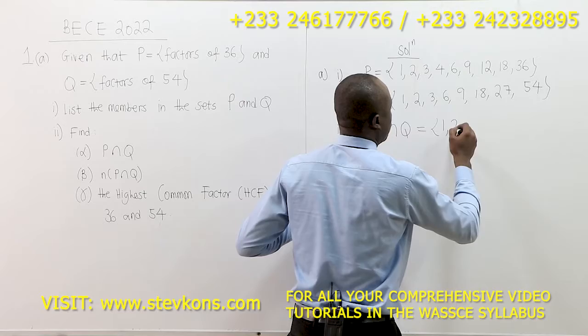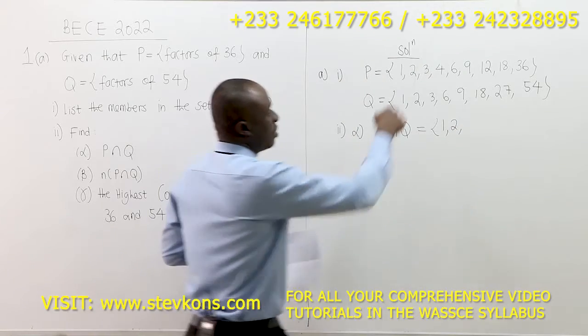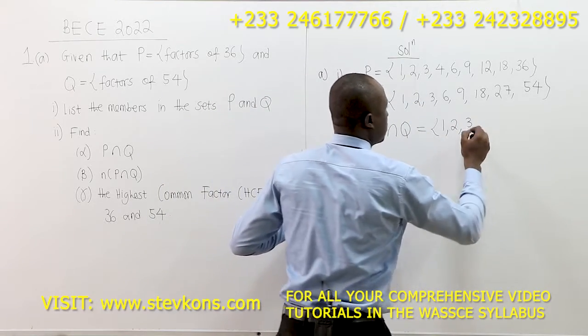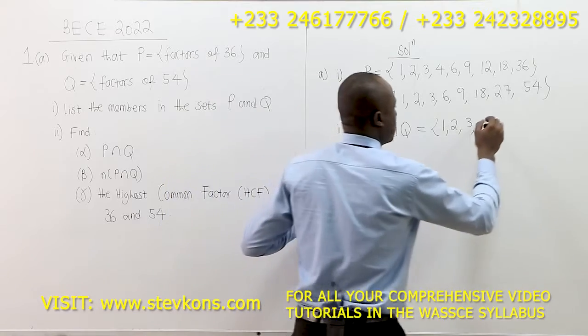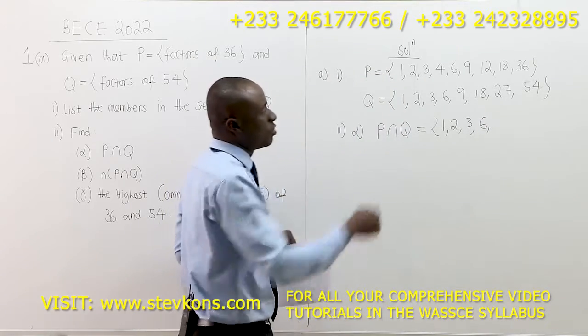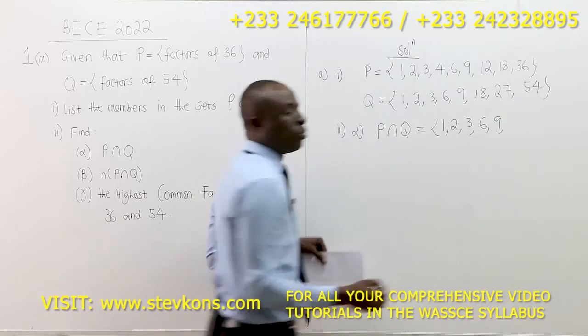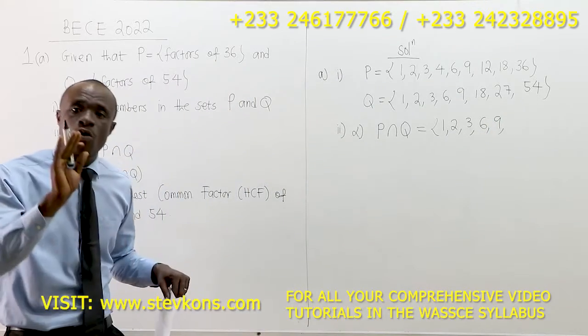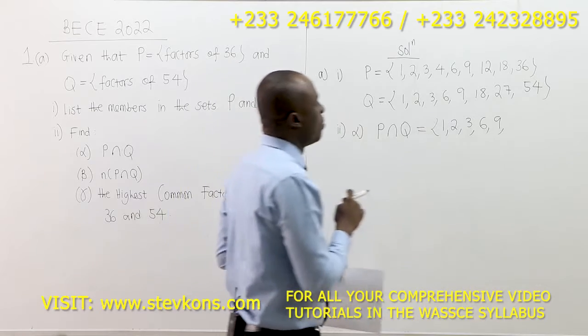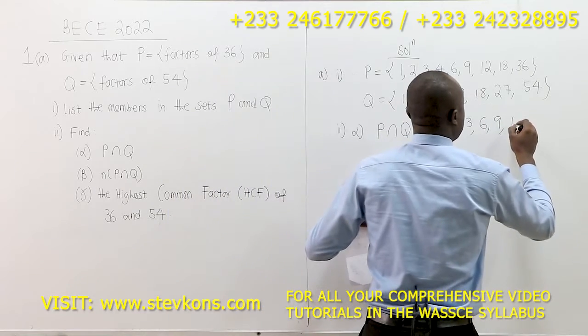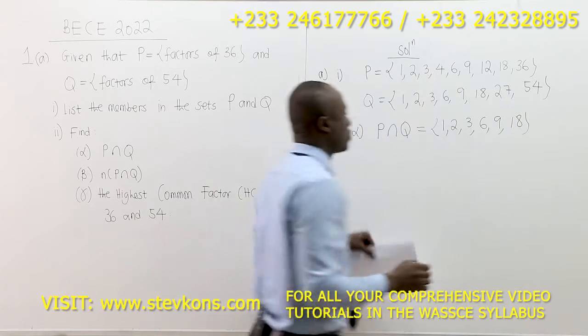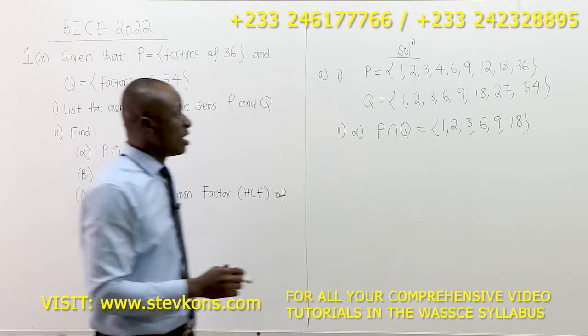The next one, we have 2, it's common. 3 is common. 6 is common to P and Q. There's 9 and 9 here, 9 is common to P and Q. Elements that are common that you can see in P and Q. 18 is also common to P and Q.